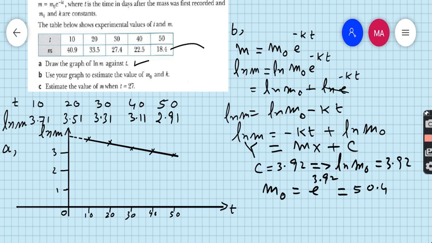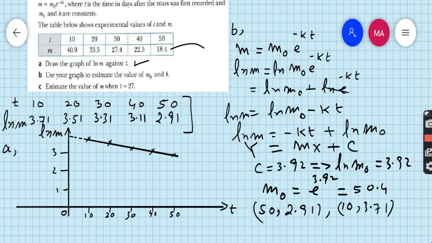So I am taking any 2 points from my table of part A. First is 50 and 2.91. This is x1, y1. And second is 10 and 3.71.